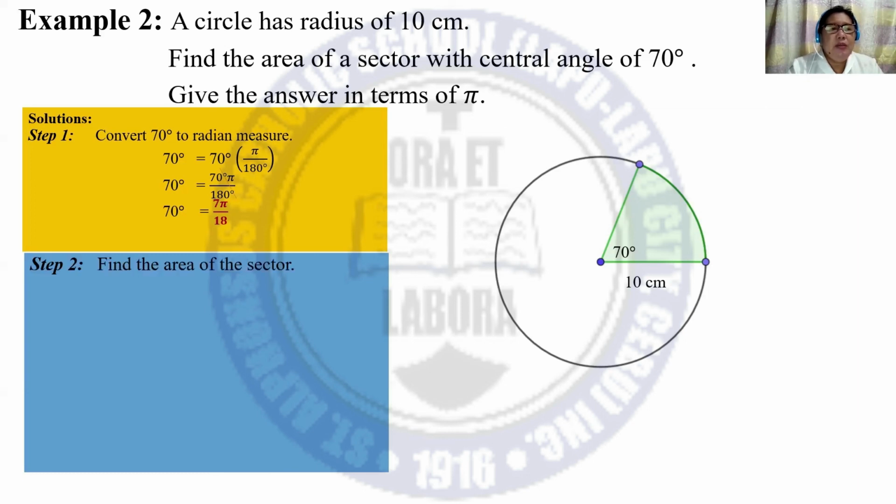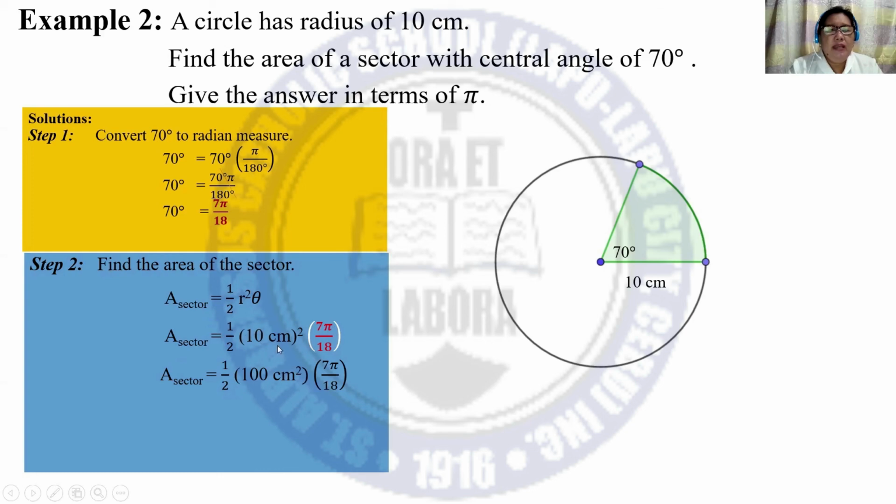For step 2, we have to find the area of the sector. So the area of the sector is equivalent to 1/2 r squared theta. Substitute 10 to r and 7 pi over 18 to theta.